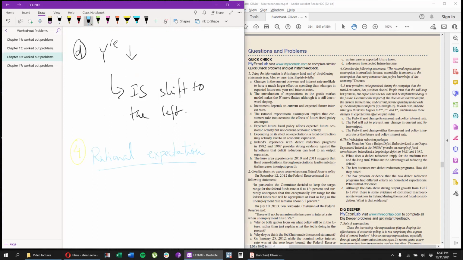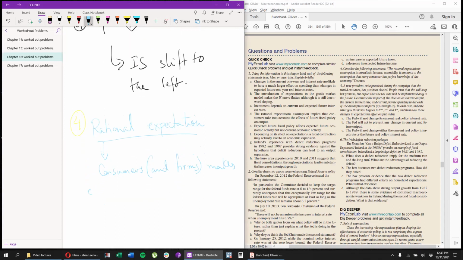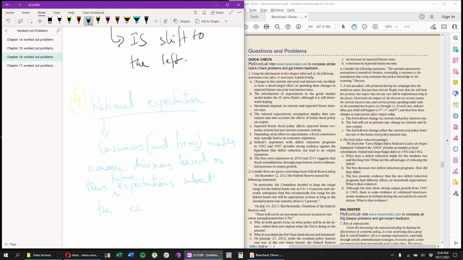So rational expectation basically tells us that consumers and firms also, of course, make economic decisions based on their expectation, or let's call it future expectations about the economy.